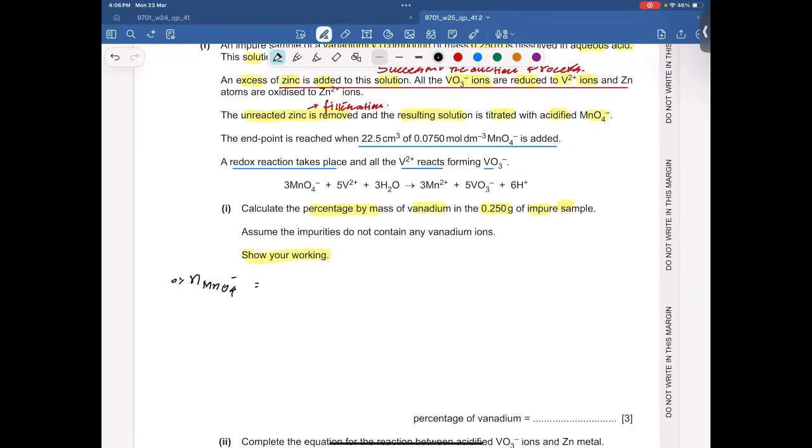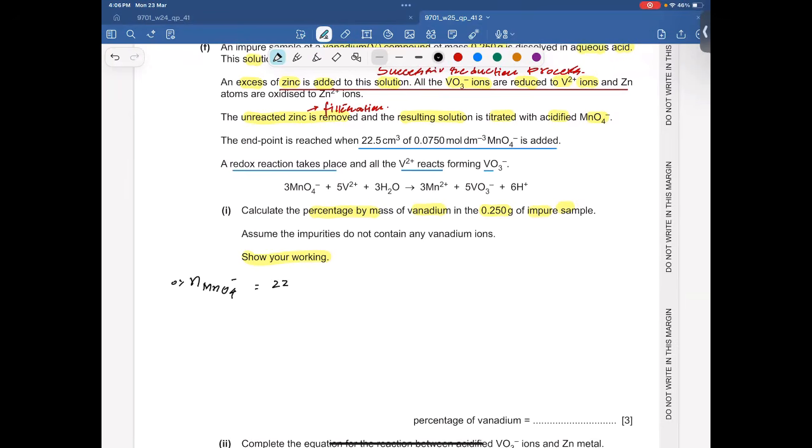get the moles of manganate(VII) ions by using the volume and concentration. So it's going to be 1.6875 × 10^-3 moles.